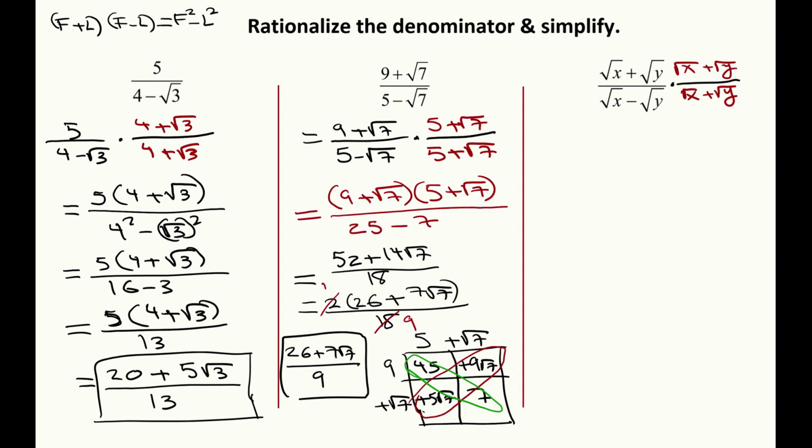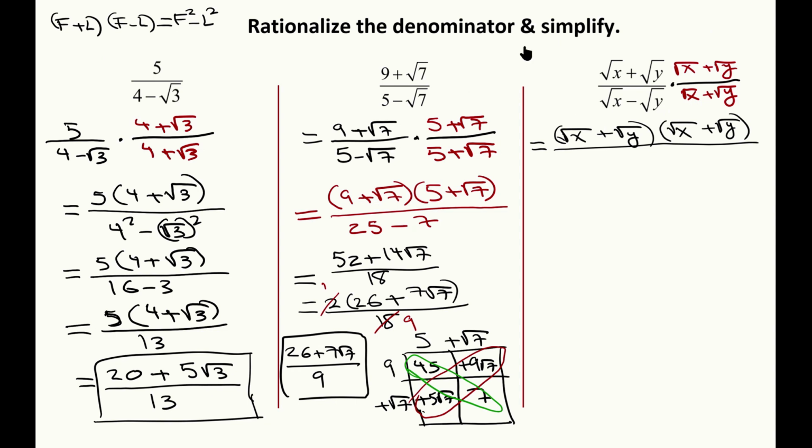So what we end up with now is the square root of x plus the square root of y times the square root of x plus the square root of y over, as you know, this is a product of two conjugates, with f being the square root of x and L being the square root of y.